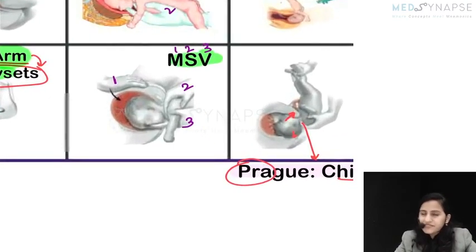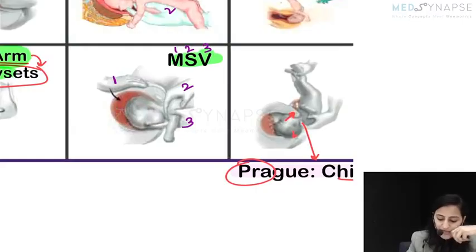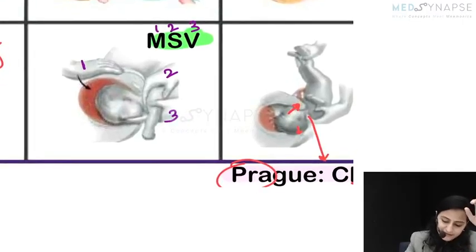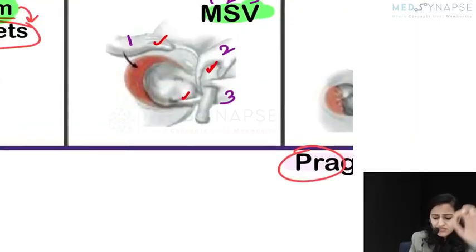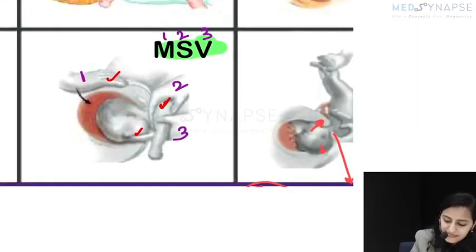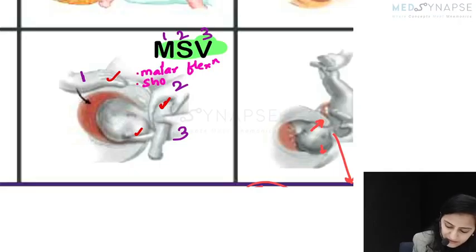What do you do in MSV? MSV में क्या क्या कर रहे हो with the 3 hands? Mento flexion, shoulder traction, and fundal pressure. So basically remember MSV, M for mento flexion, S for shoulder traction, with V for the fundal.